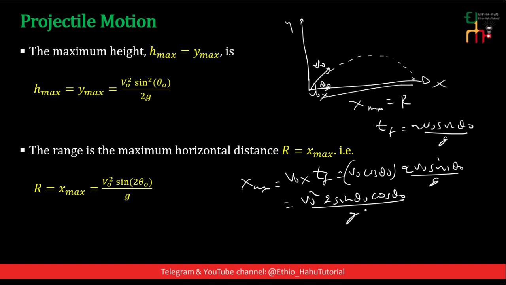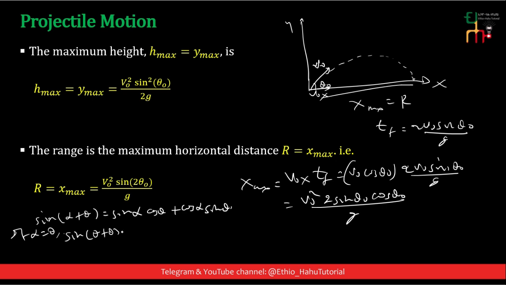But what is 2 sine theta naught cos theta naught? Sine of alpha plus theta is equal to sine alpha cos theta plus cos alpha sine theta. If alpha is equal to theta, then sine of theta plus theta is equal to sine of 2 theta, which is equal to sine theta cos theta plus cos theta sine theta.